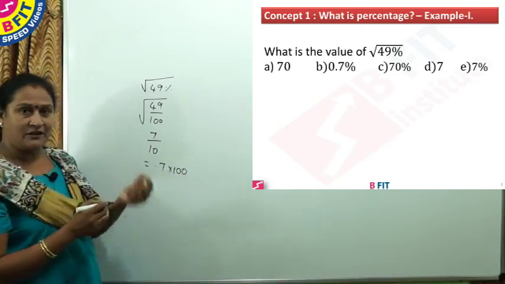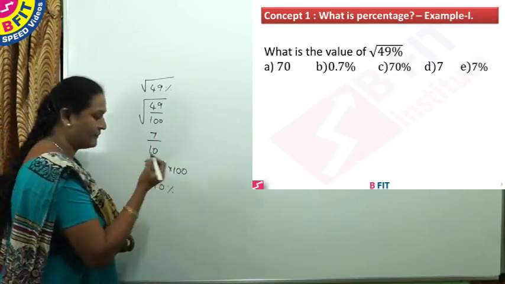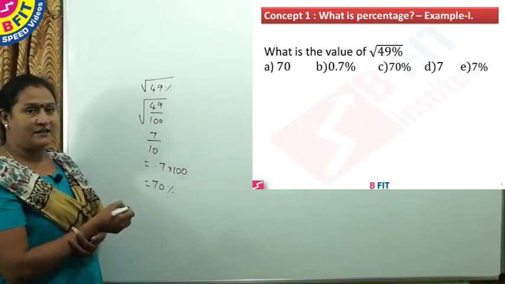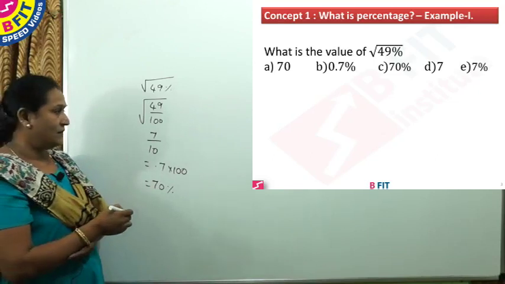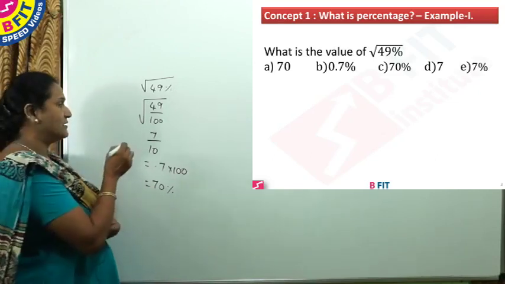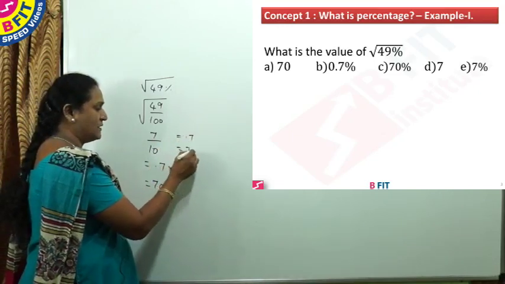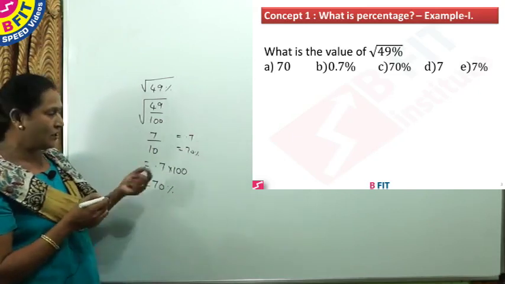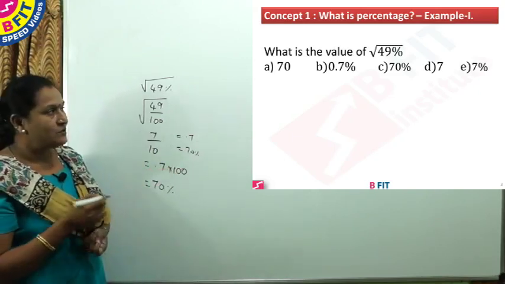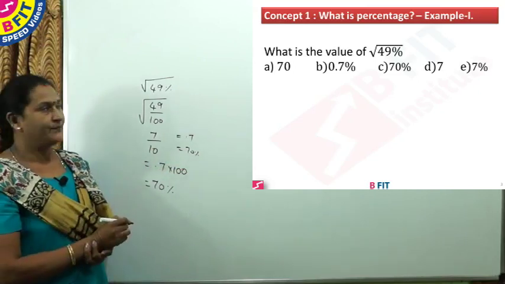So 0.7 into 100, we get 70%. So root of 49% is 70% and not 7% or 0.7%. So the answer is either 0.7 or 70%. Both are correct, and in the options we have 70%. So the answer is option C, 70%.